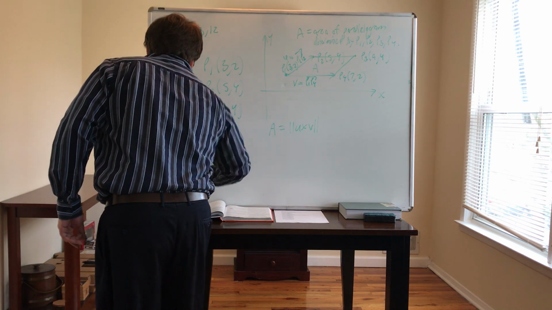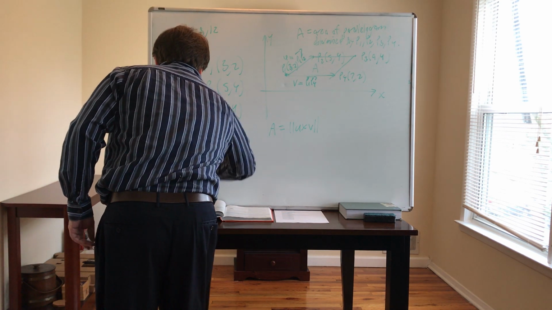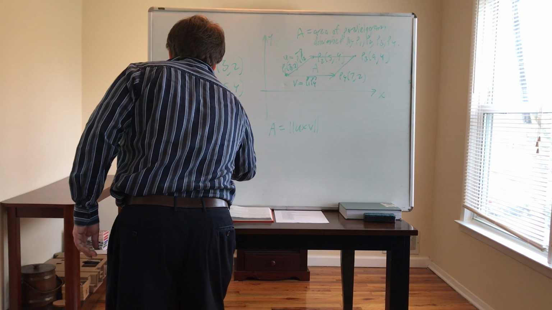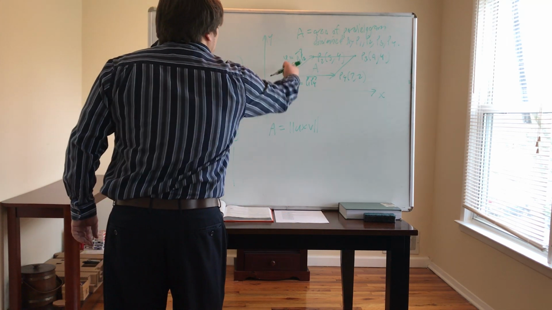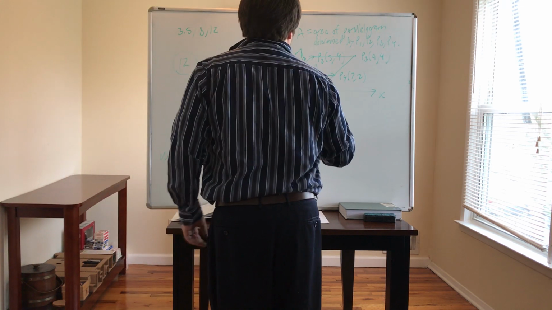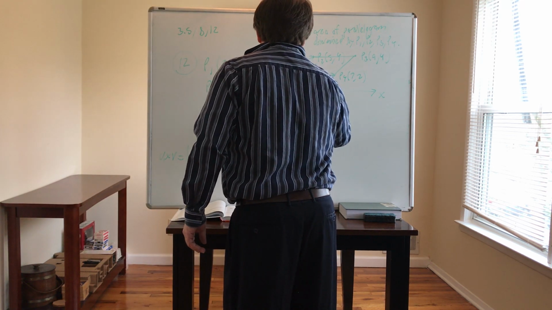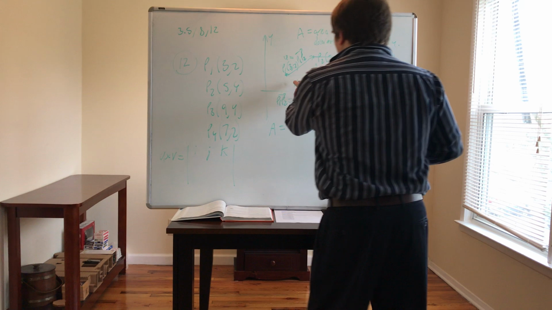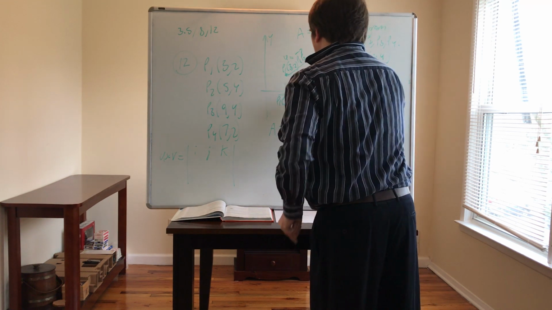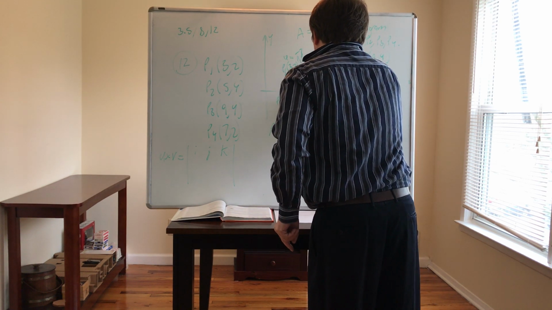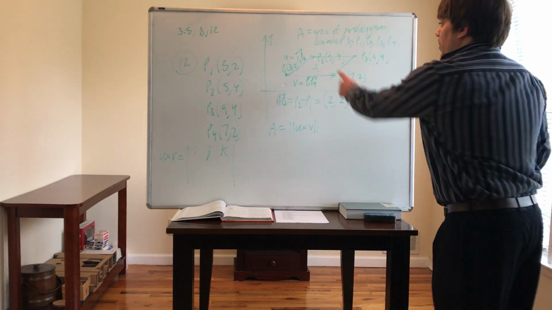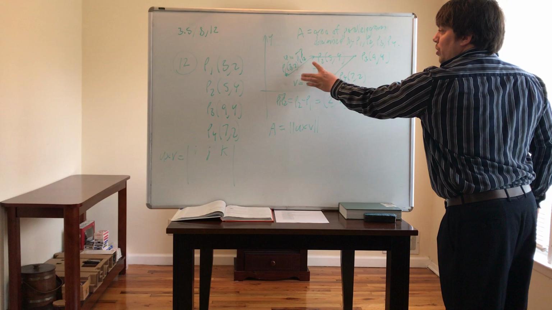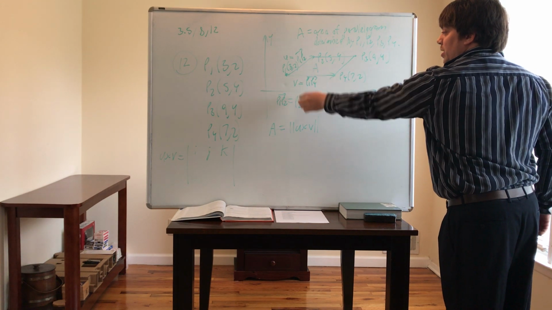So U cross V is equal to the determinant of, first row is I, J, K. The second row are the coordinates of P1P2. So over here I'm going to write what P1P2 is. P1P2 is the point P2 minus the point P1. And so that's equal to 2, 2. Right, the vector P1P2 is the coordinates of point P2 minus point P1.